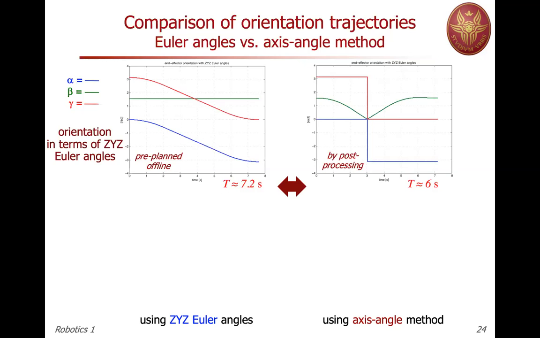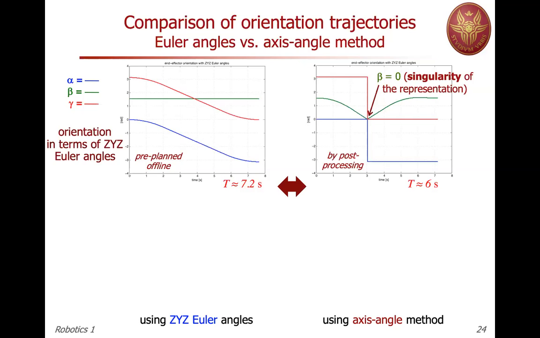We would have the second angle getting into a singularity. In fact, beta equals 0 is the singularity of the representation. In fact, we have not planned the alpha, beta, gamma in that way. We have planned them in the left-hand side way. So this was the planning for the triangle. On the right-hand side, we planned a rotation around the invariant axis of the axis angle method.